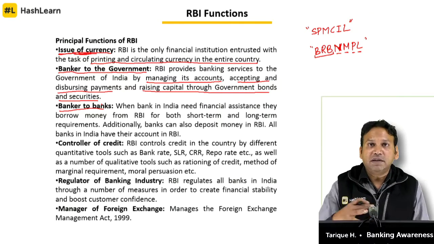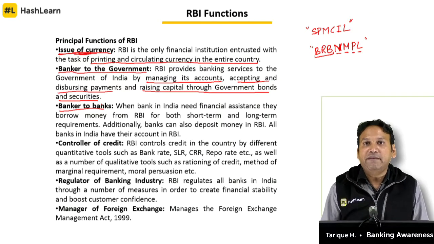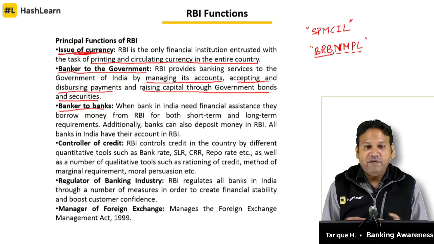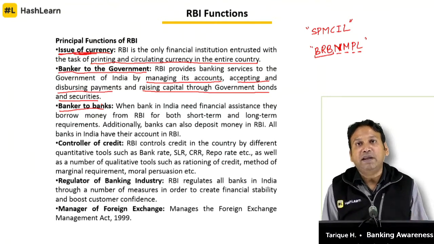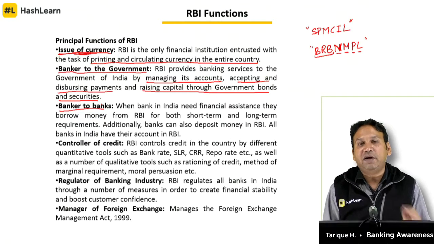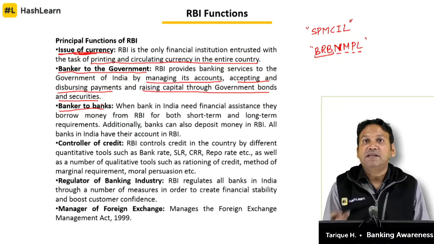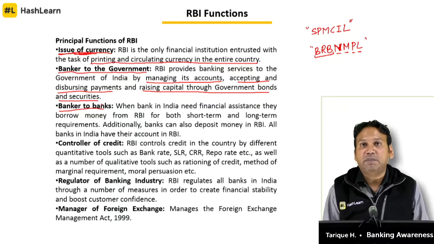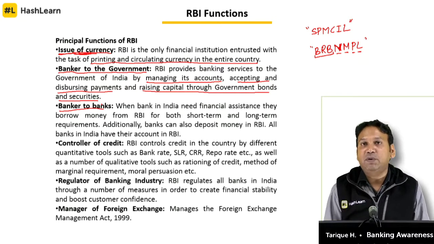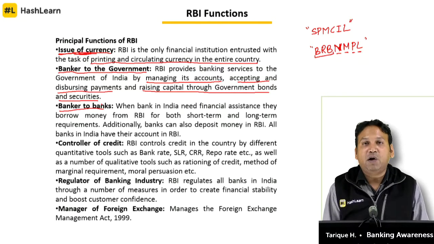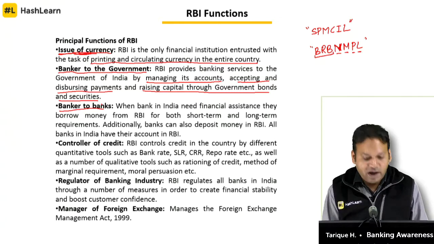So all of these things are regulated by Reserve Bank of India. Also whenever there is a license given for a commercial bank, a scheduled bank, then who will be the licensing authority? Reserve Bank of India will be the licensing authority. If Reserve Bank of India does not give a license to a particular bank, that bank cannot be called a scheduled bank or scheduled commercial bank, and then it will not be listed in the second schedule of RBI.